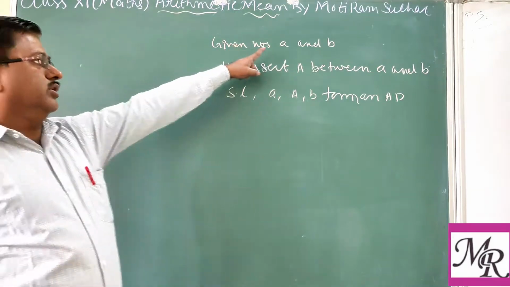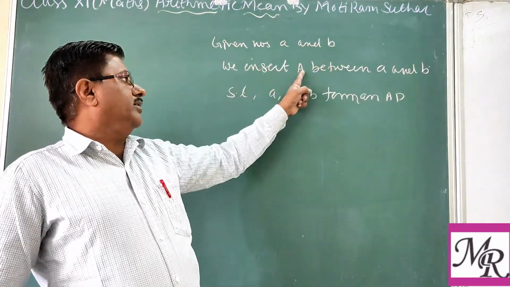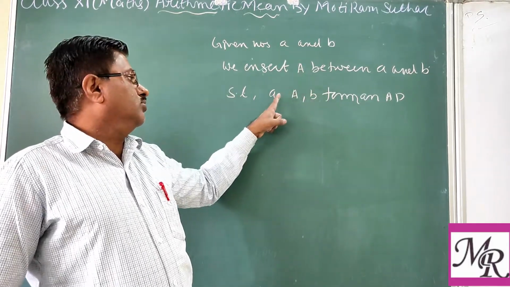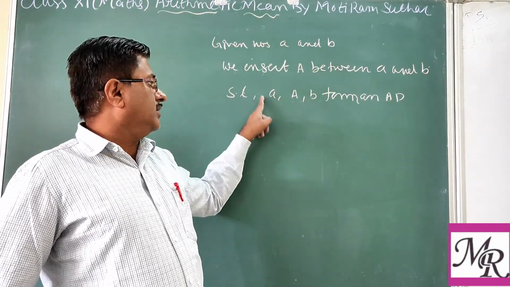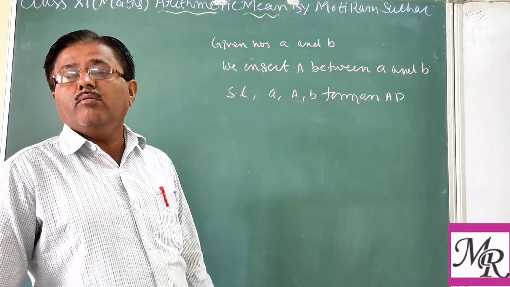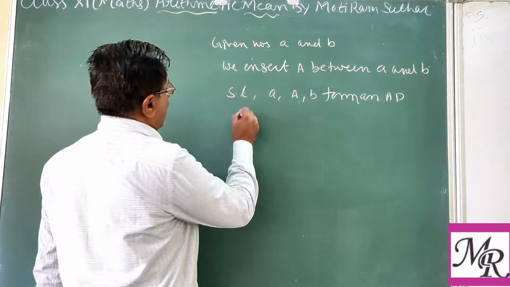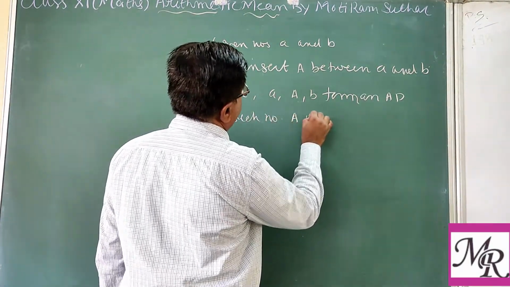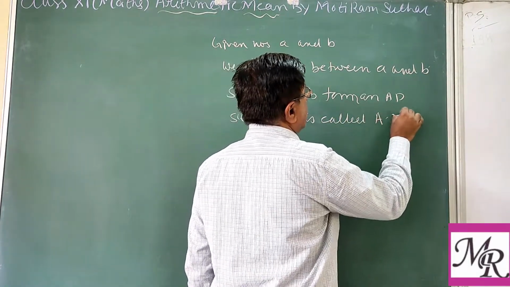We are given two numbers a and b, and one more number capital A, the third number, that we have to insert between a and b such that a, A, b form an AP. Then such a number capital A is called the arithmetic mean.